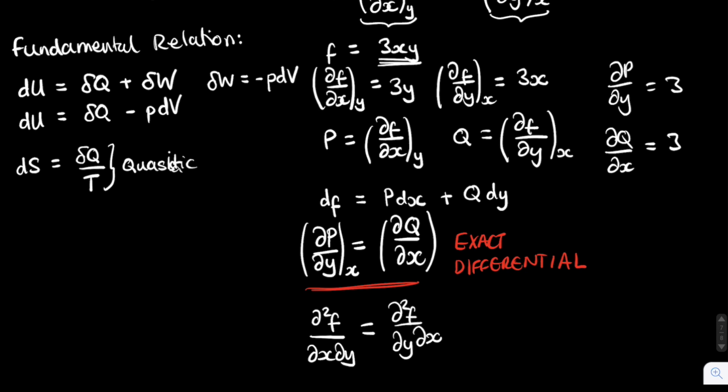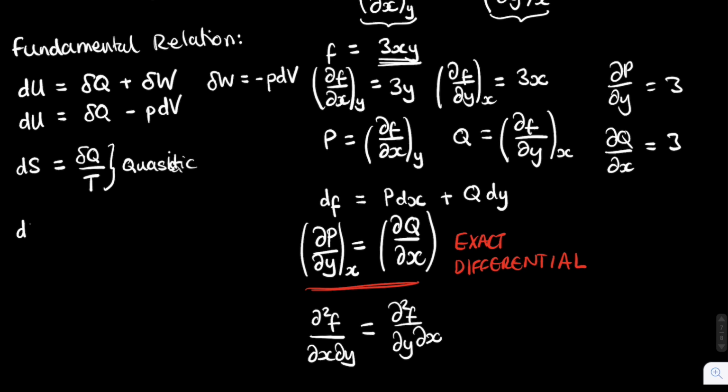We need to assume that the process is happening quasi-statically for us to do this substitution, because if it's non-quasi-static, then you don't get equality, you actually get greater than or equal to, which is the Clausius inequality. It's actually the second law of thermodynamics. But if we assume it's quasi-static, then ds equals dq divided by T.